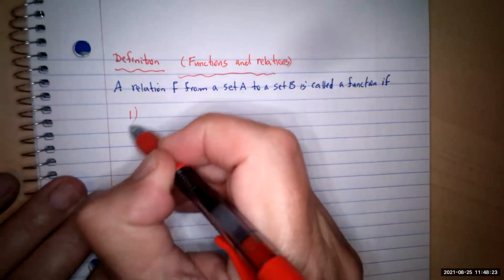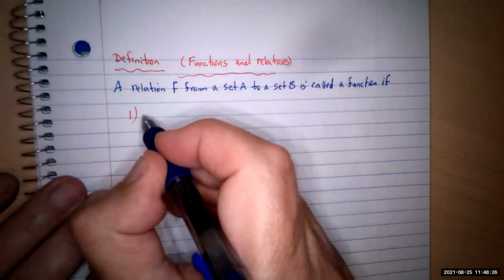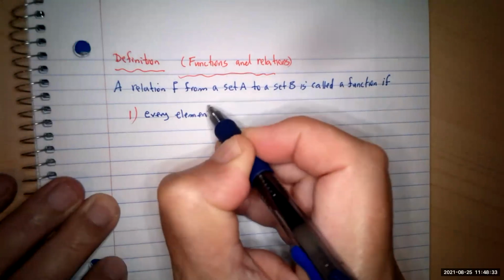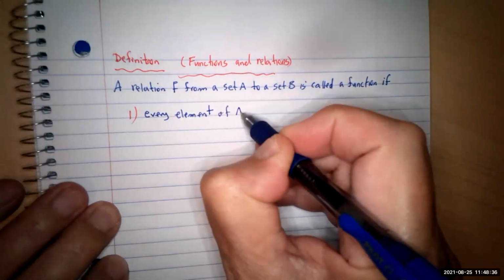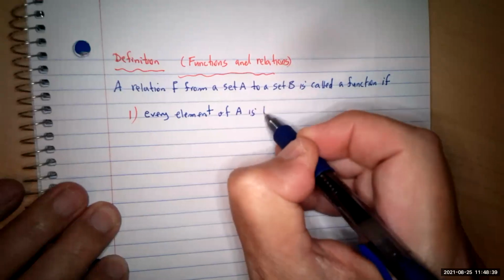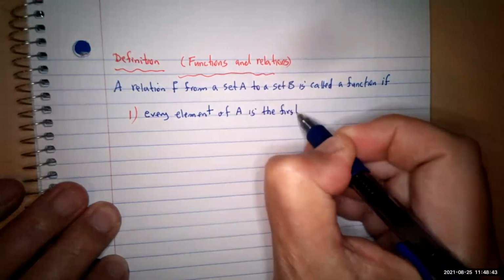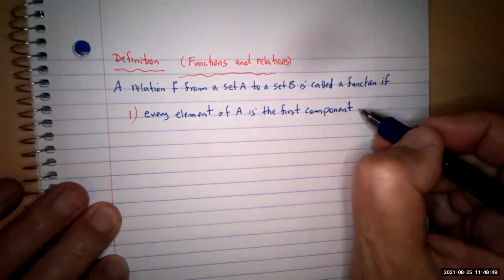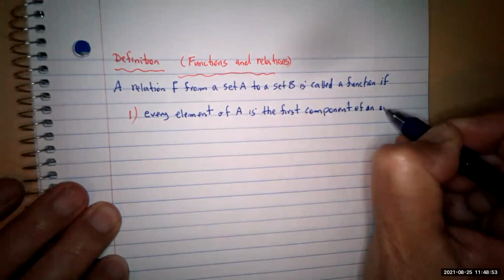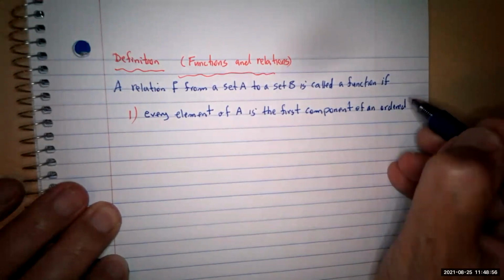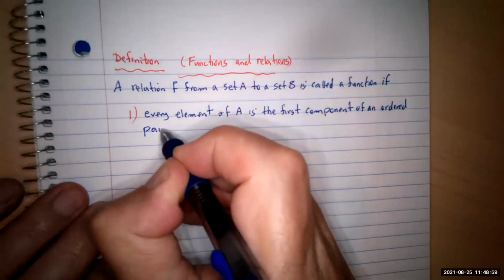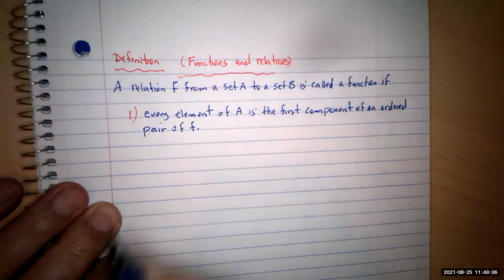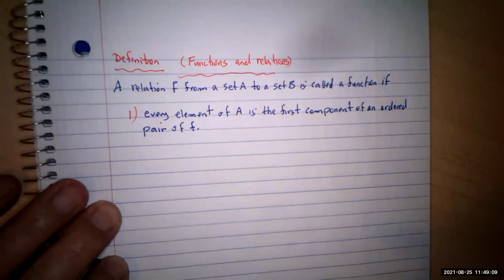The first condition: if every element of A is the first coordinate or component of an ordered pair of F. So this means that the function must cover the A, you see.